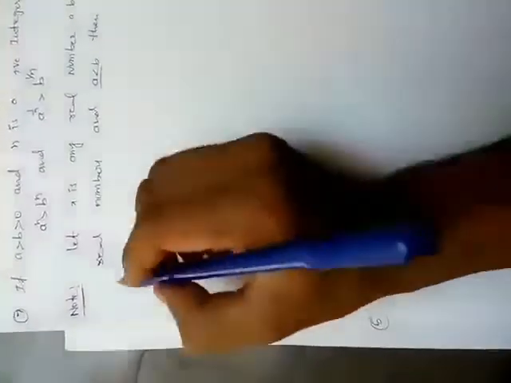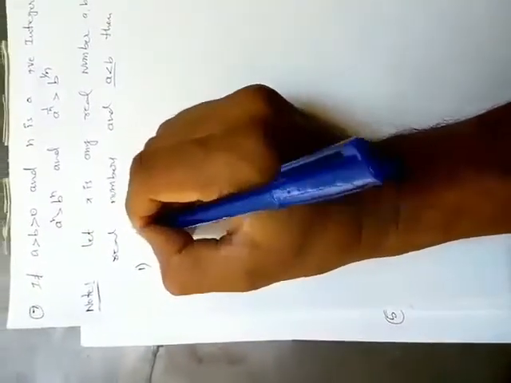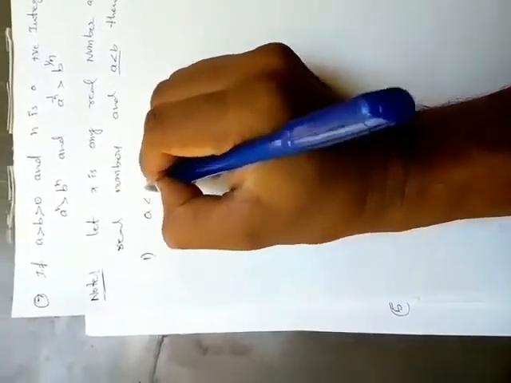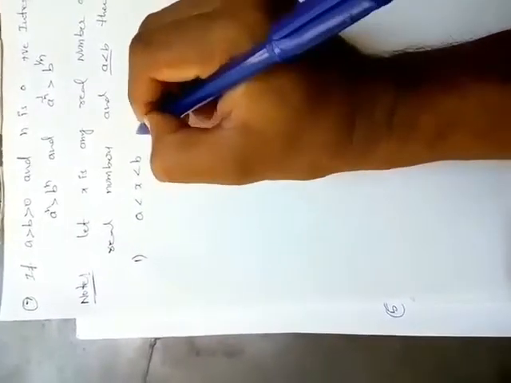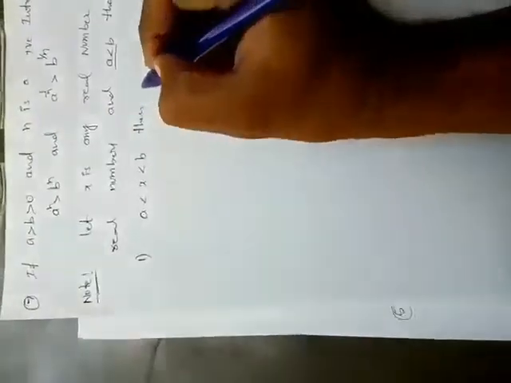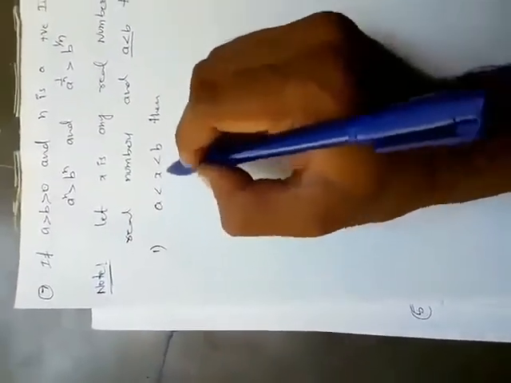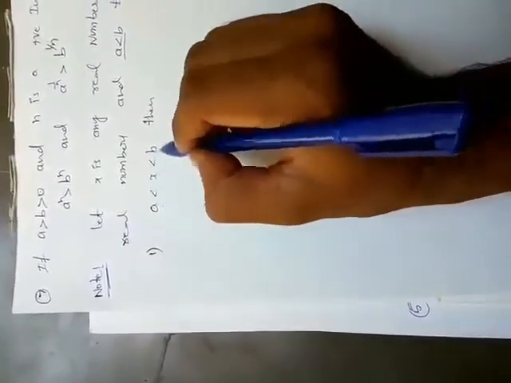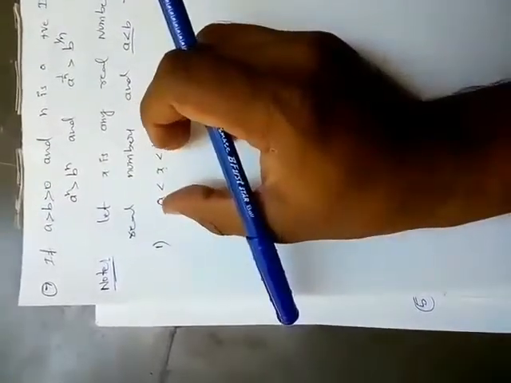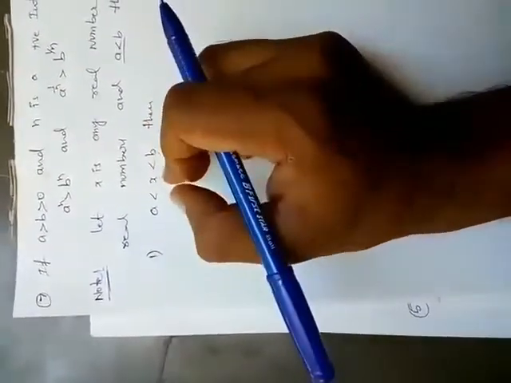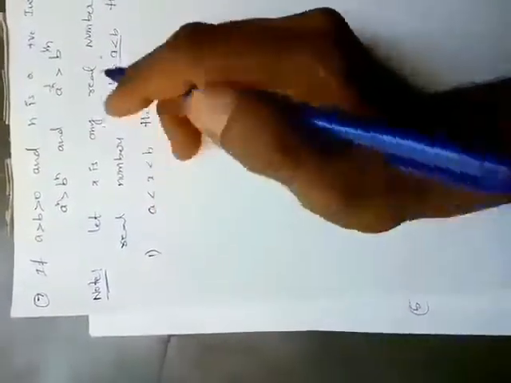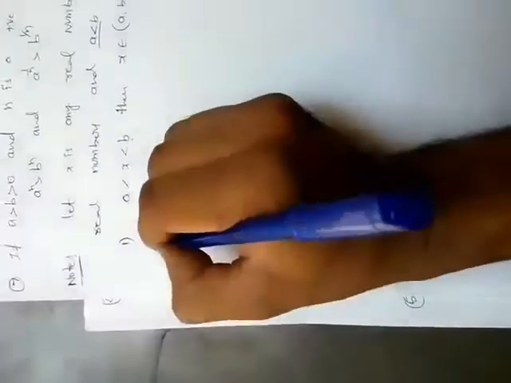If a less than x less than b, then what is the solution of this one? The x values lie between a and b, but not including a and b. So x belongs to (a, b) with open brackets.